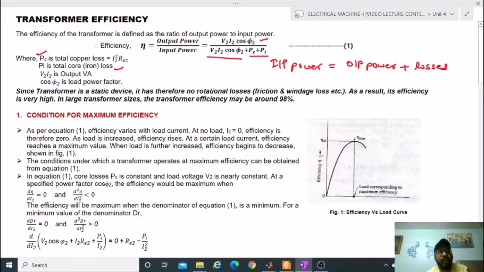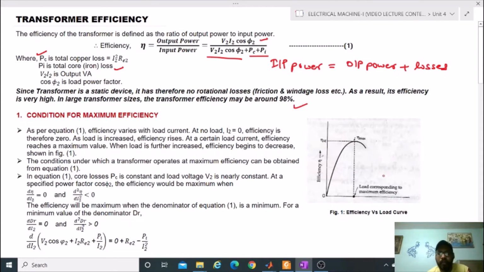As we all know that a transformer is a static device, it will not have any rotational losses such as frictional and windage losses which occur in other electrical machines. So that's why the efficiency of a transformer is very high. It can be around 98% if it is perfectly designed.